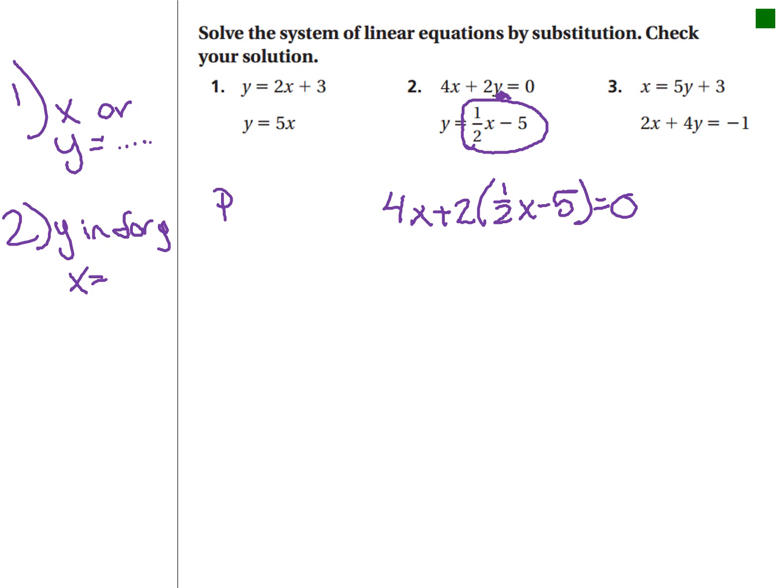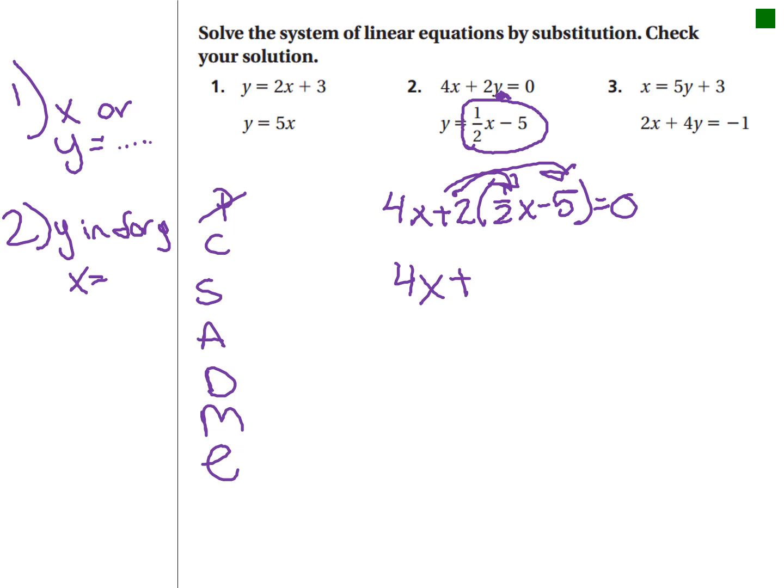All right, PC, sad me. Parentheses, yes. Distribute. 4x plus 2 times 1/2 is 1. So x minus 2 times 5 is 10 equals 0.